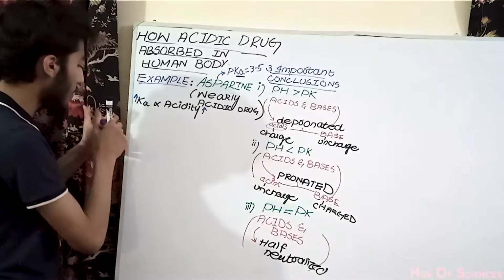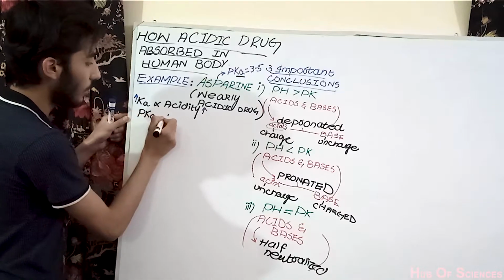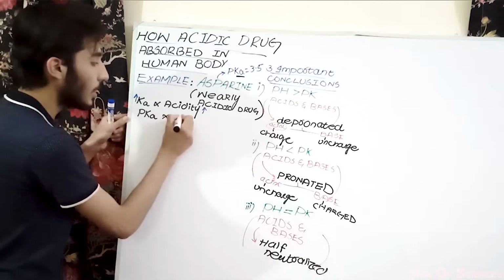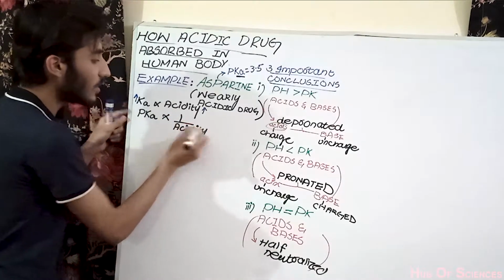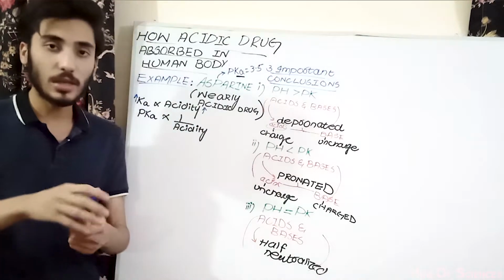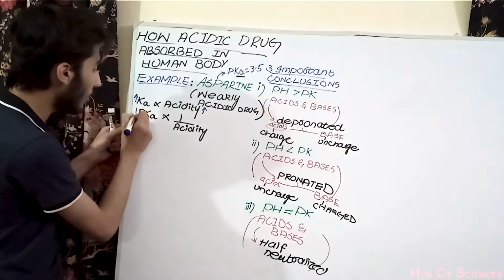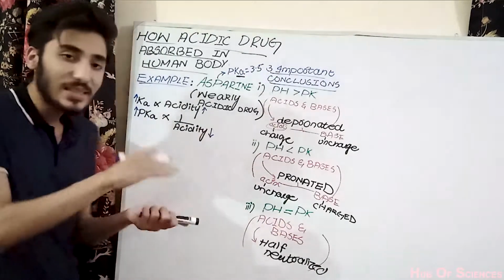So pKa is the negative logarithm of the dissociation constant, and it is inversely proportional to the acidity. When an acid's pKa value is very large, it will be less acidic in nature.